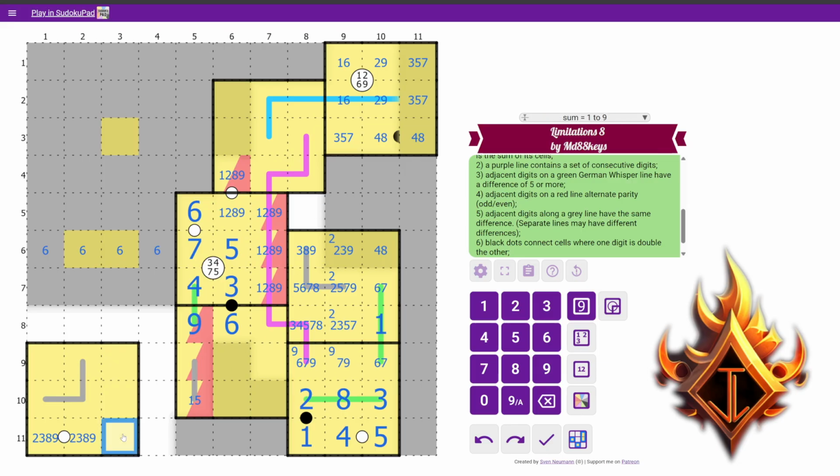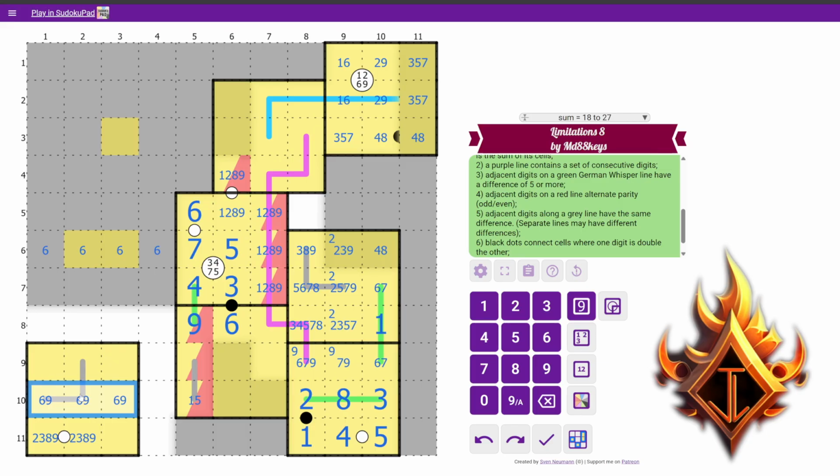So, if this is 2, 3, this has to be 6, 7, 8, or 9. That's not too weird, is it? Oh look, I do see something. There's not a 9 or a 6 in this row. 6, 9 is over here.